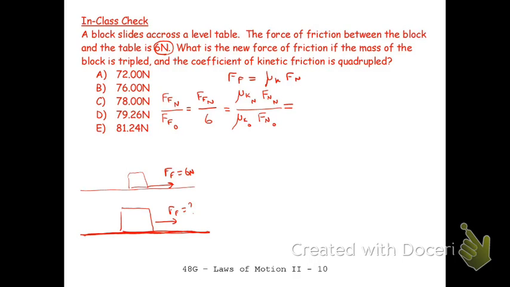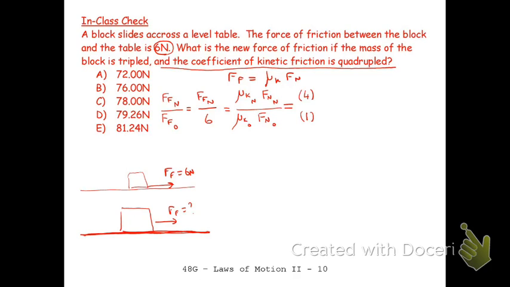Now, I don't know the new value of mu k, and I don't know the old value of mu k, but I do know that the coefficient of kinetic friction is quadrupled. So it's 4 times bigger. Well, the easiest way to do that is call the old one 1 and the new one 4.